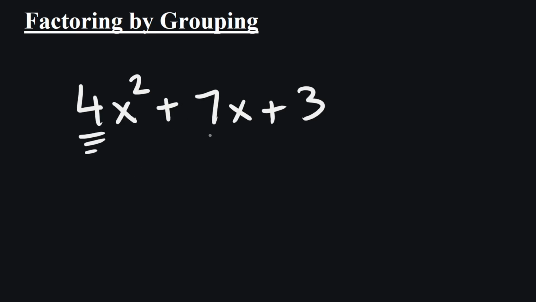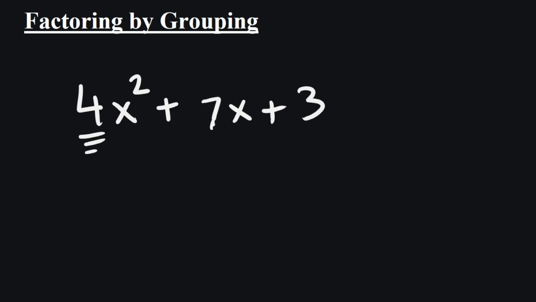At first glance, it doesn't seem like there are. If you take a look at 7, there's no factor of 4 there, so we can't factor that out. And if you take a look at 3, there's no factor of 4 there.